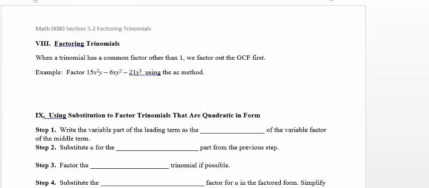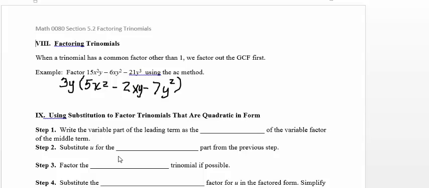Alright, so let's factor trinomials. And let's look at the case where we have to factor out a GCF before we start. And we still could use the AC method. So I look at my coefficients and I see they're all divisible by 3. And they all contain a y. So 3y times 5x squared minus 2x minus 7y squared.